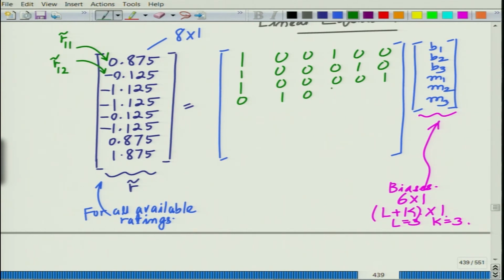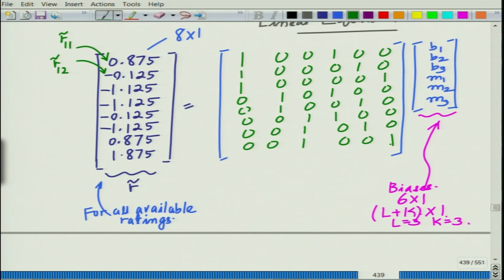So, this is 0 1 0 1 0 0 0 1, 0 0 1 0, then you have 0 0 1, 1 0 0 0 0 1 0 1 0 0 0 1, and this is basically equal to your matrix.